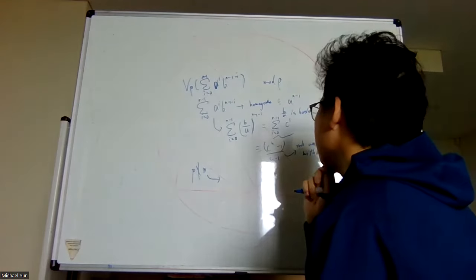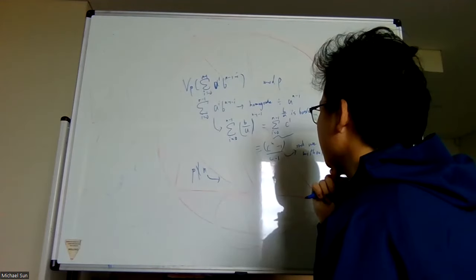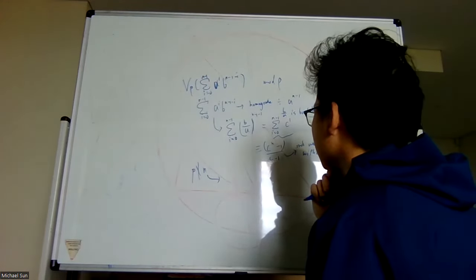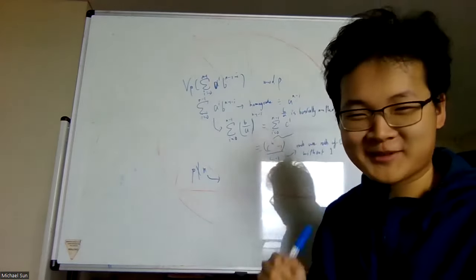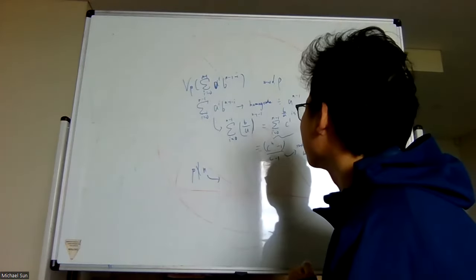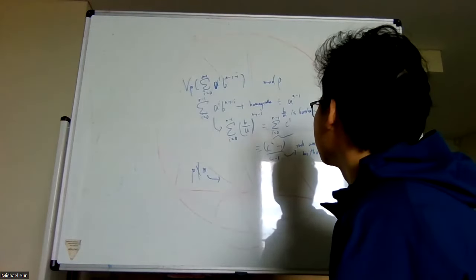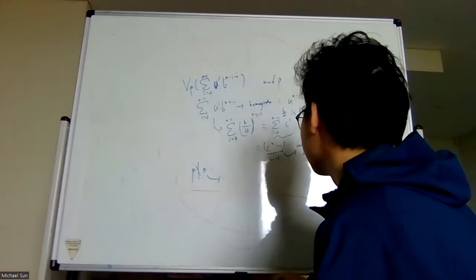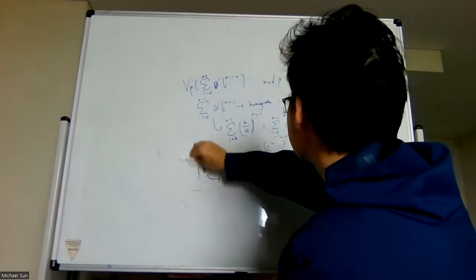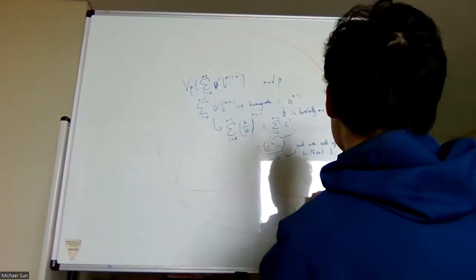Wait, did I do something wrong? I think this might just go back to where it started. The usual way to proceed here is to set A equals B. That's just proving C equal to 1.